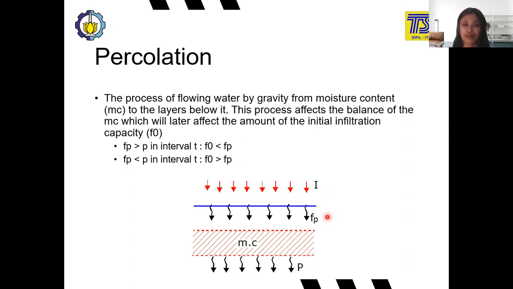But if we have the infiltration capacity less than the percolation, so the percolation is bigger, it means that the initial infiltration capacity is bigger than the infiltration capacity. So this percolation here is closely related to the initial infiltration capacity, the FO.